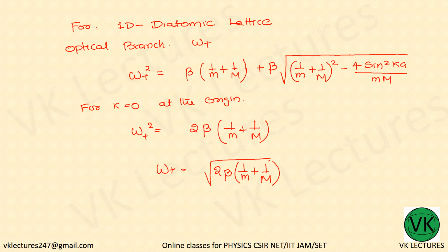Now this is the value, and here we will write the second condition. That means if it is at the zone boundary, that means the value of k equal to pi divided by 2a, then omega plus will be equal to root of 2 beta by small m.